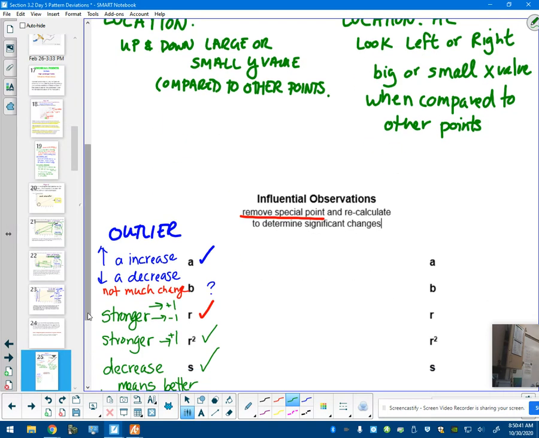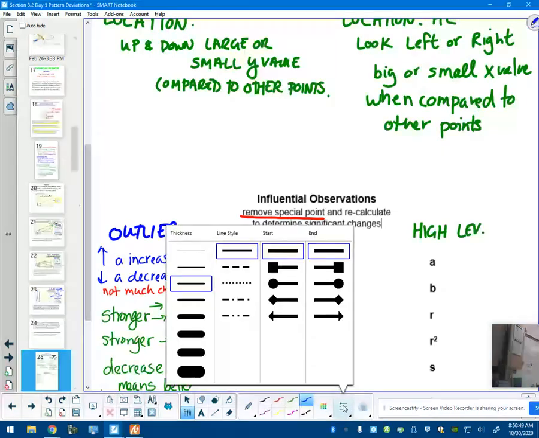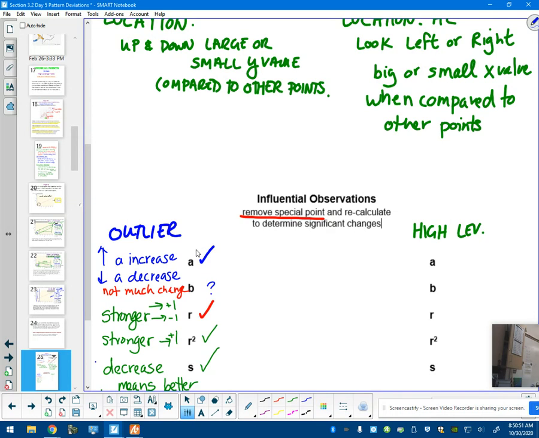Okay, so is it going to change A? So this is high leverage. It's going to change A somehow. It's either going to increase it usually or decrease it. It doesn't have to do that.